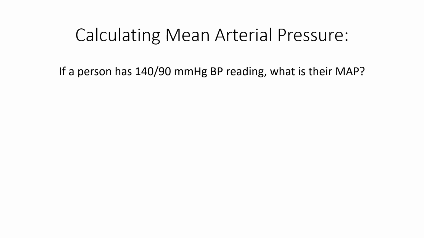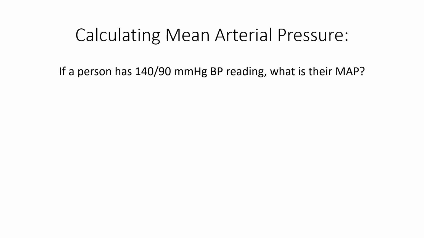Yeah, fantastic. So all of you have got it now. If you apply the same formula, which is 2 into diastolic plus 1 into systolic, whole divided by 3, right?